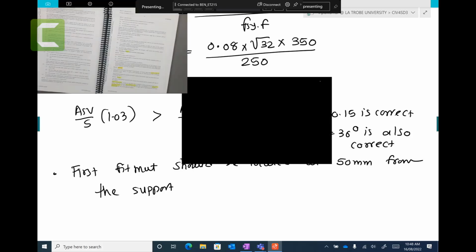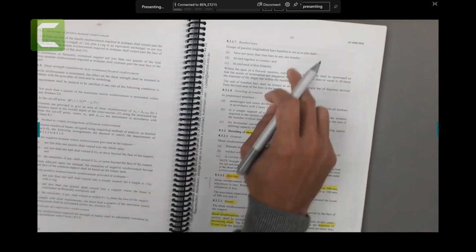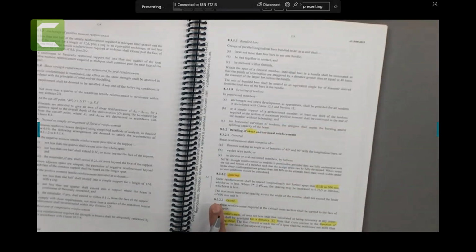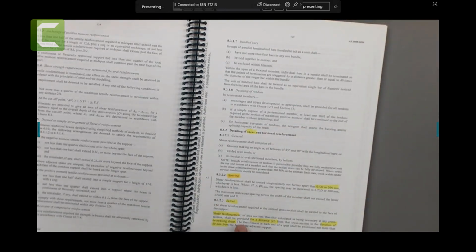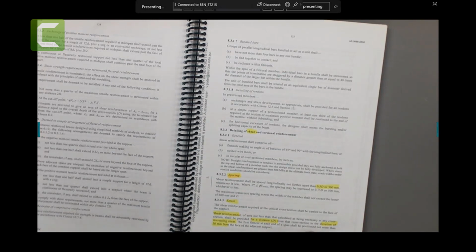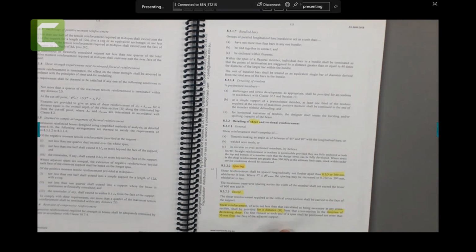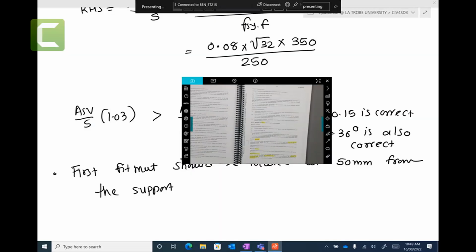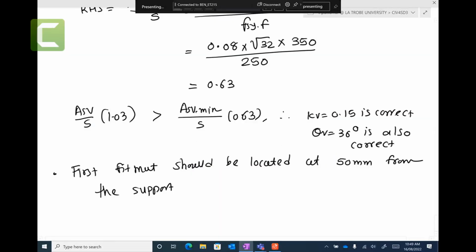It's very small for you. On page number 125, clause 8.3.2.3: your first fitment at each end of the span shall be positioned not more than 50 millimeters from the face of the adjacent support. So the first fitment will be located 50 millimeters from the support.